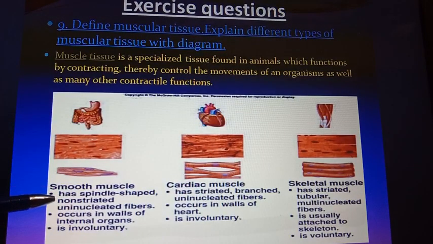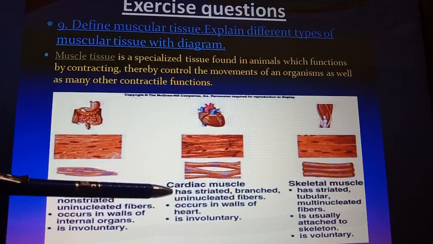First is smooth muscle, which has spindle shaped, non-striated, uninucleated fibers, and is present in the walls of internal organs. It is involuntary. That is, the movement of this muscle is not controlled according to our will.